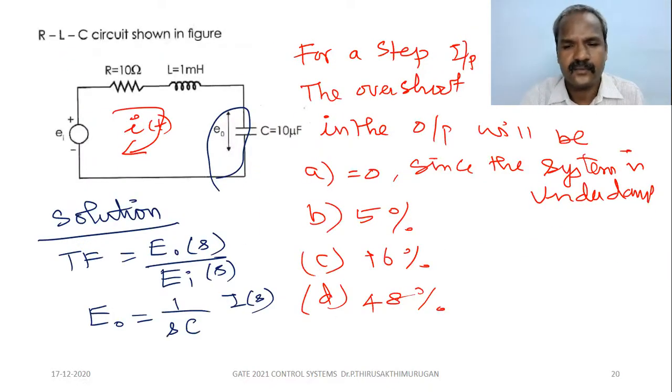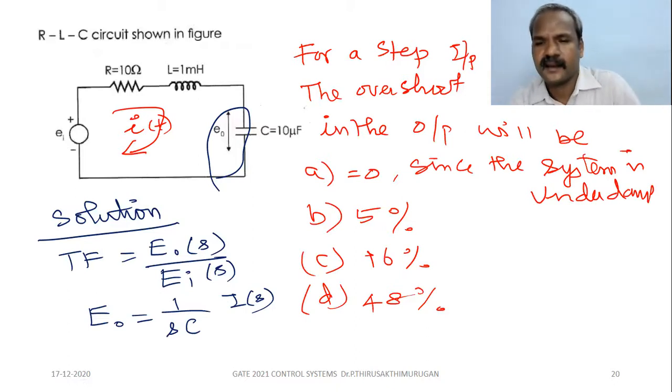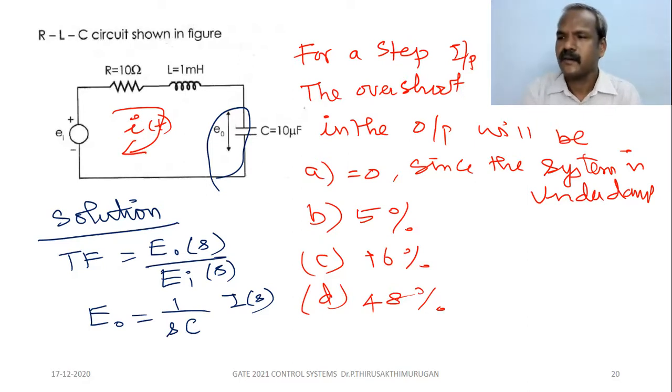So we have to find the underdamped system. The overshoot in the step response of the output will be, C is the correct answer.